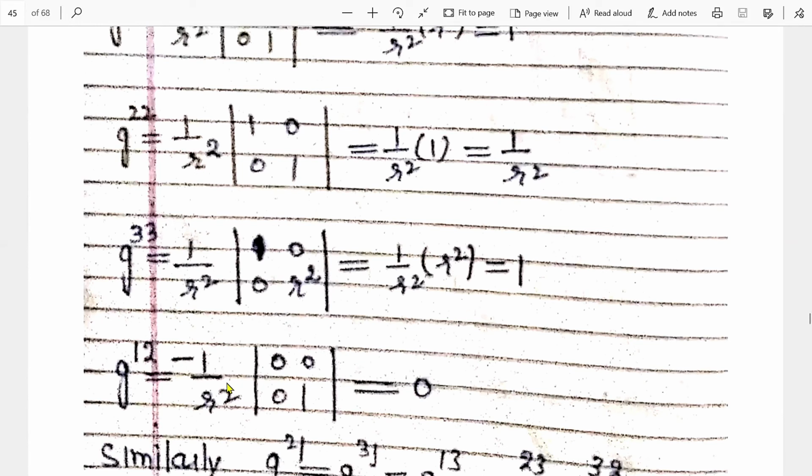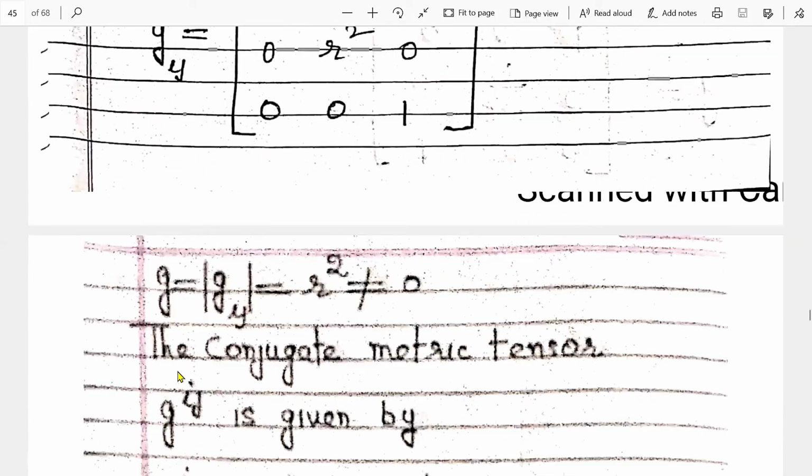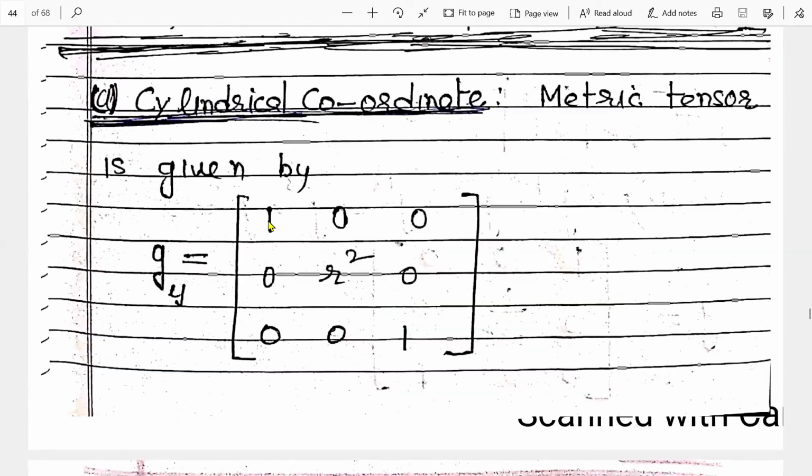Right? Now we take G12. G12 means first row, second column. This is the first row, second column. Now the sign is negative. Here, first to find the cofactor, the sign is negative. Ignore this and this. Remaining is 0, 1.